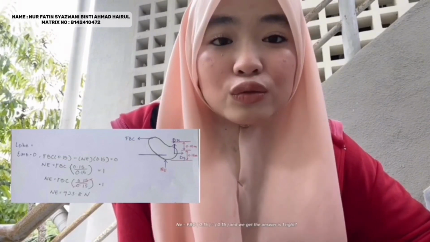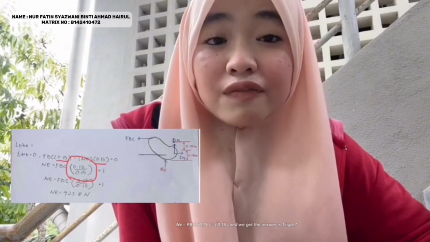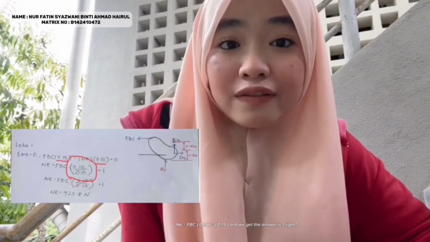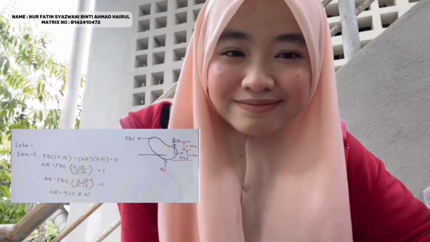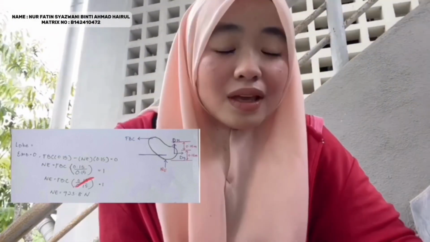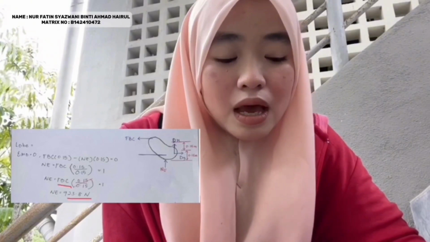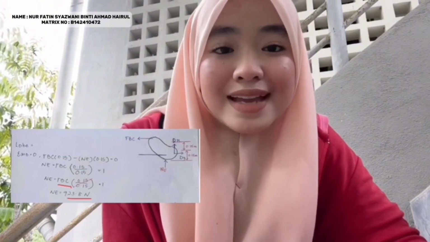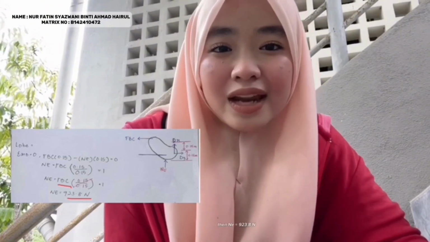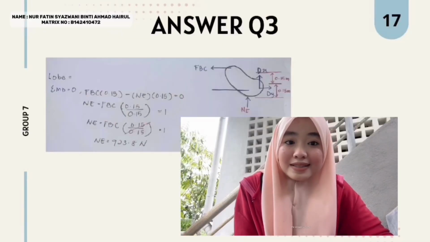NE equals FBC multiplied by 0.15 divided by 0.15, and we get 1. So NE equals FBC. FBC is 923.8, so NE is 923.8 Newton. The answer is the same.